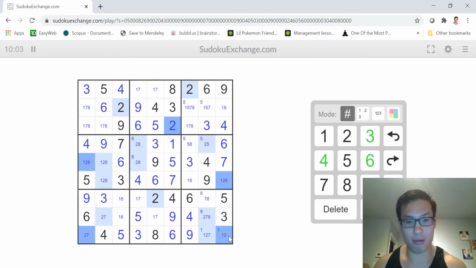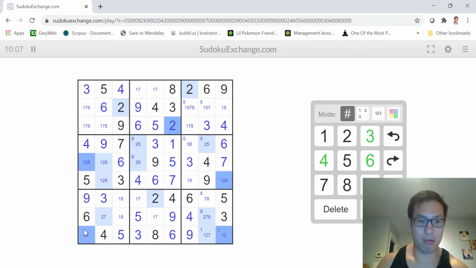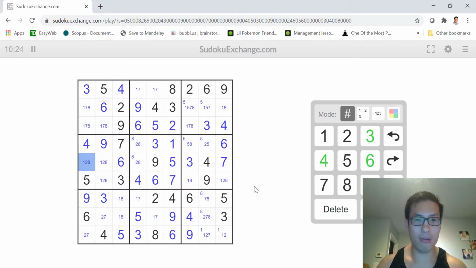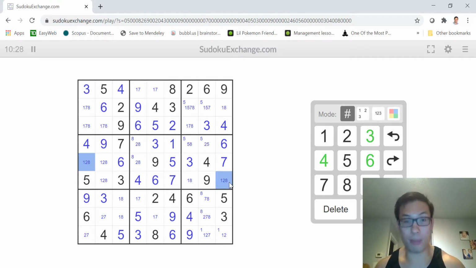If that's a 2, then that cannot be a 2. Neither of these can be a 2 actually, but we're only talking about columns 1 and 9 right now. If that cannot be a 2, that has to be a 2. So in those 2 scenarios, this is either a 2 or this is either a 2. Or they're both 2s. They could both be 2s.